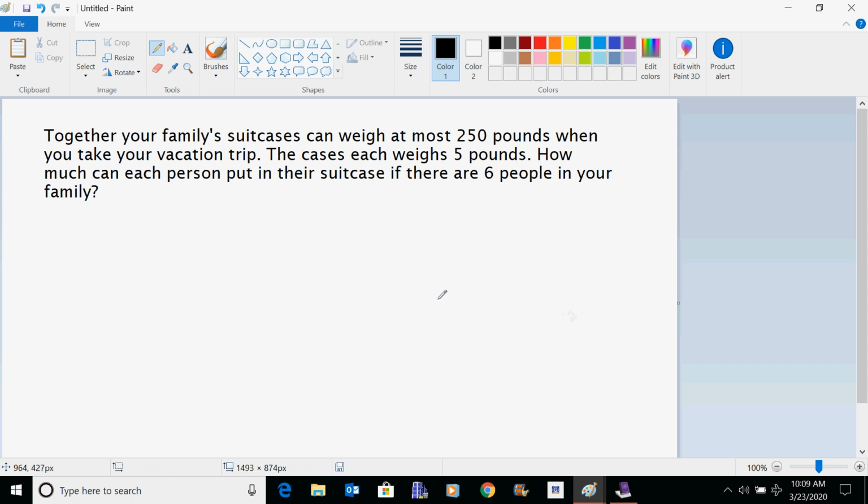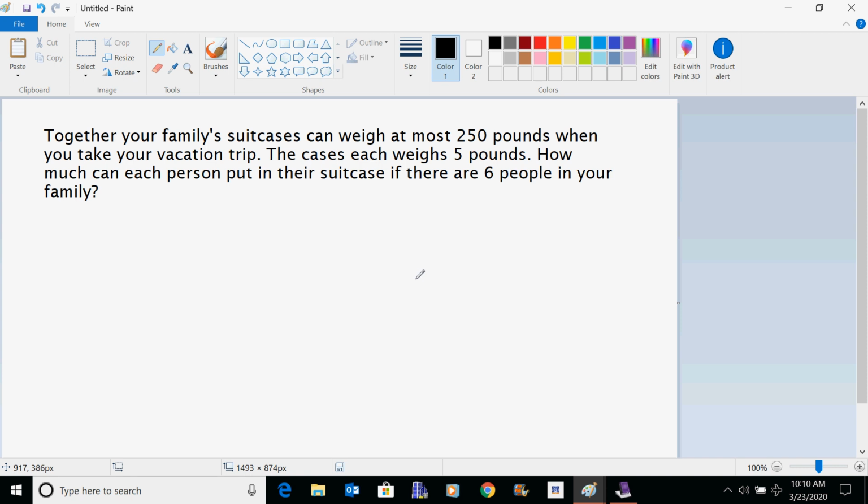Let's make it into a travel question. Right now we're kind of on hold as far as going places, but when we travel, we can think about the amount of things that we can fit into our car. You might have enough room for suitcases that weigh at most 250 pounds. In this example, each person would be putting the same amount in each suitcase.